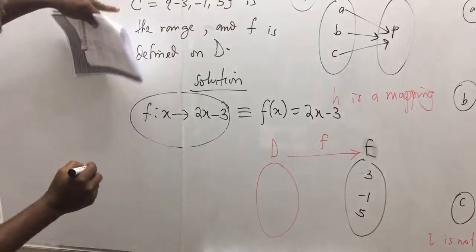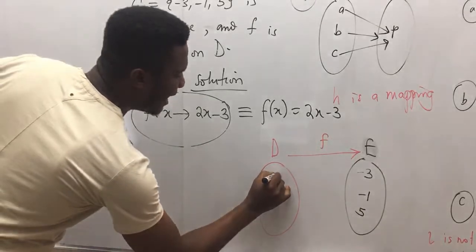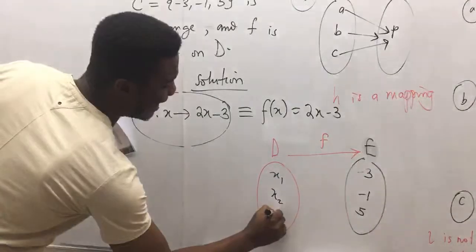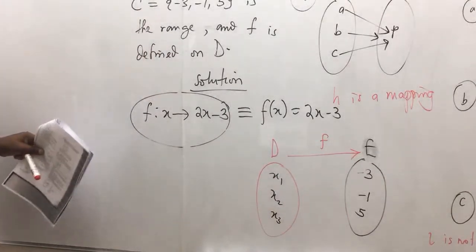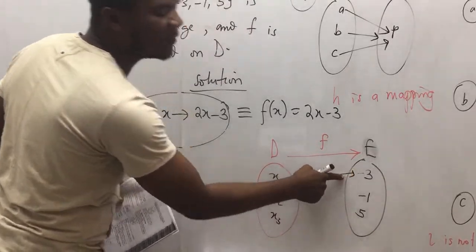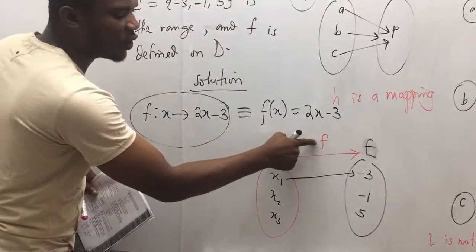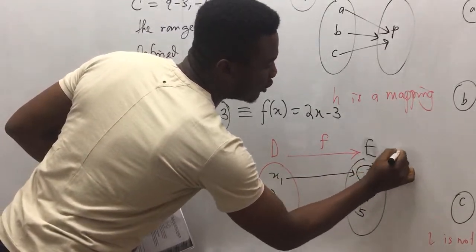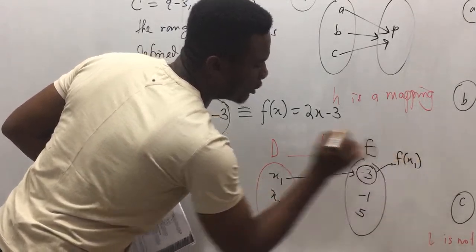Now, what they want us to find is x1, x2, and x3. Okay? Notice that x1 must have given -3 through this function f, meaning that this -3 you can call it f of x1.